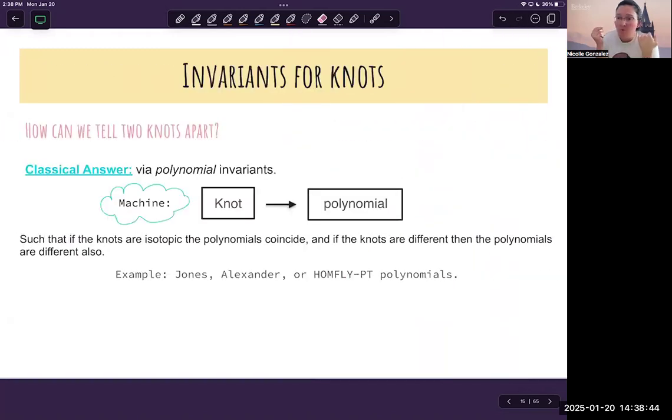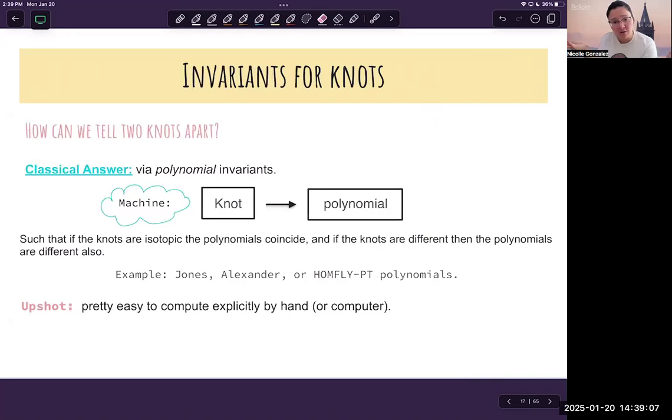So there are many examples of such polynomial invariants. Some of the most well-studied are, for example, the Jones polynomial, the Alexander polynomial, or the HOMFLY-PT polynomial, which I will compute very shortly, which generalizes both of these polynomials into one. It's a polynomial in two variables.